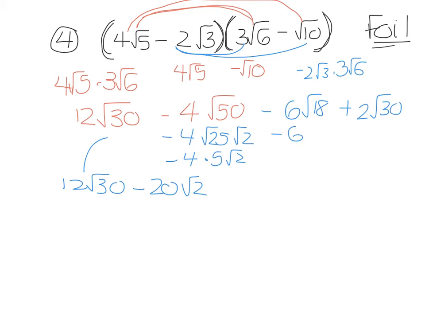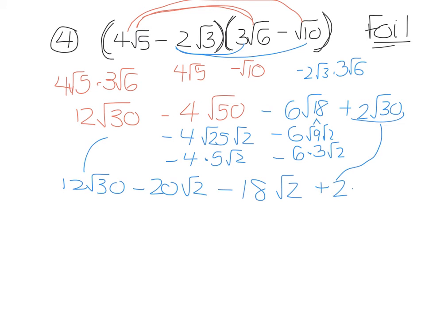Minus 6 rad 18, I will change to rad 9 times rad 2. So that's minus 6 times 3 times rad 2, which gives me minus 18 rad 2. And then the last one I can't break down at all, so I just put plus 2 rad 30.